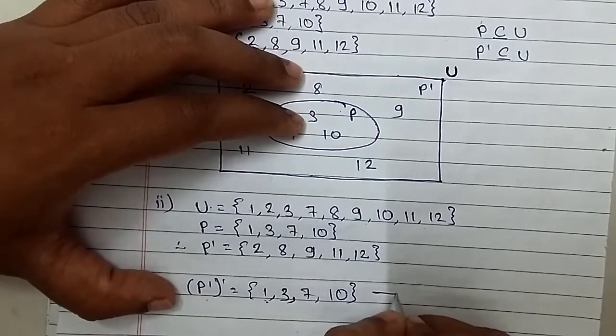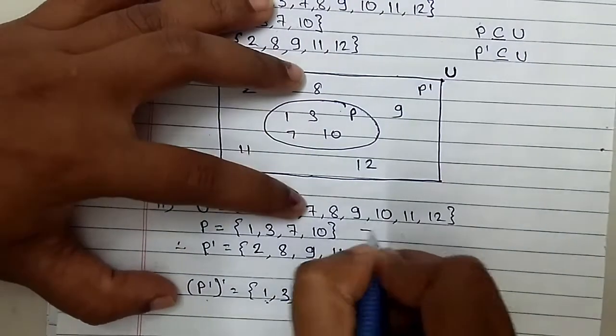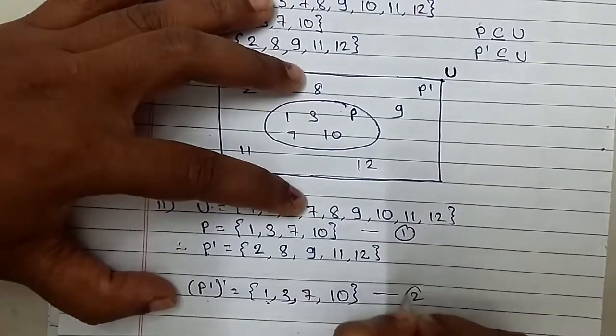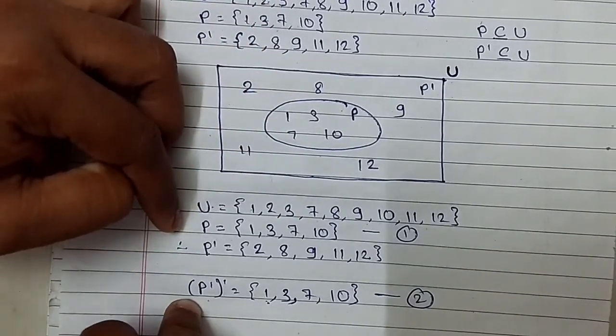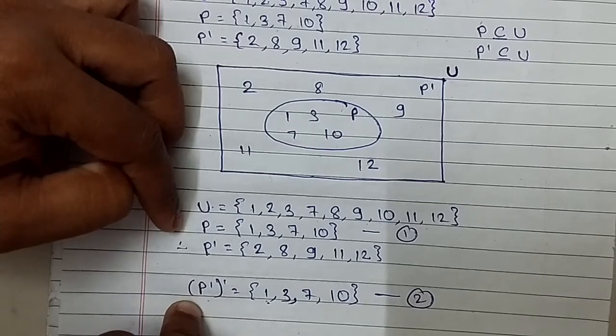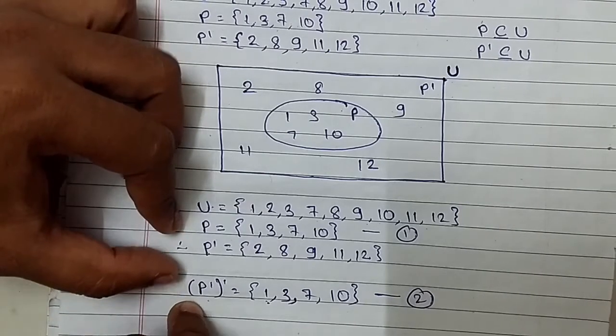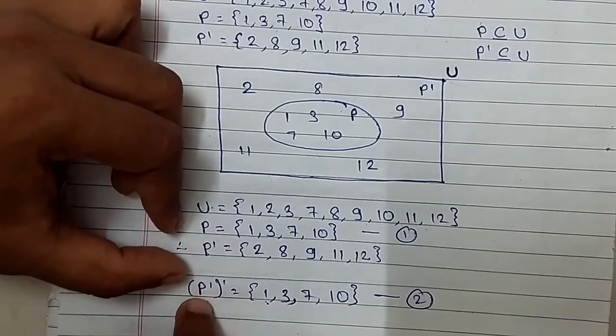So consider this is your equation 1 and this is your equation 2. Compare equation 1 and equation 2 here. What we conclude is that the elements of this set and this set are equal.